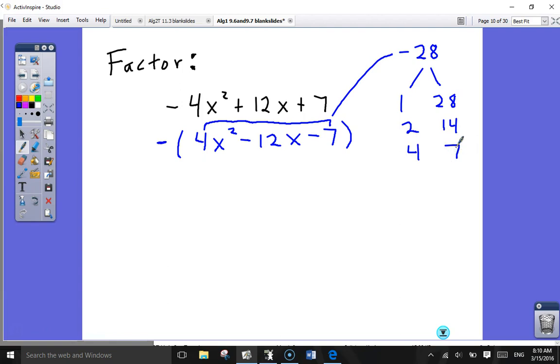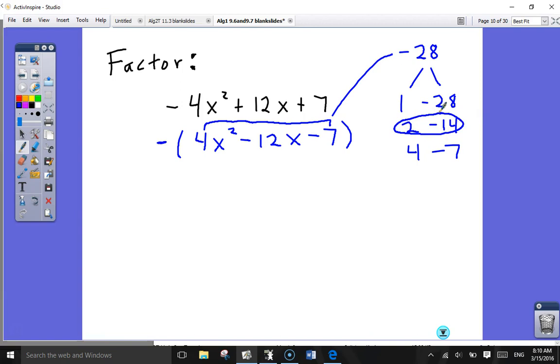Now, because they add up to a negative number, we know that the bigger of those two is going to be the negative number. So it's either 1 times negative 28, 2 times negative 14, or 4 times negative 7. So which one of those pairs add up to negative 12? 2 and negative 14. Right there.